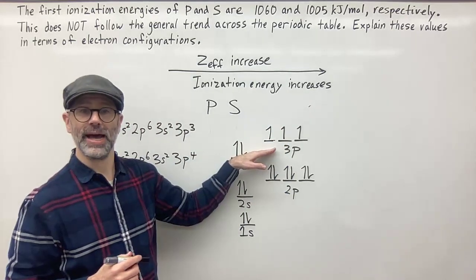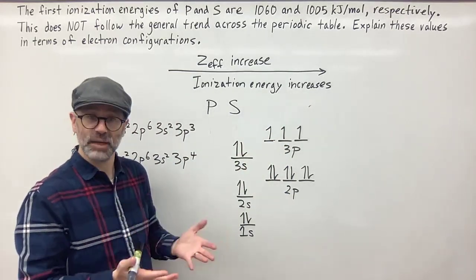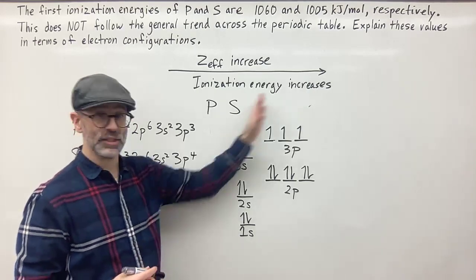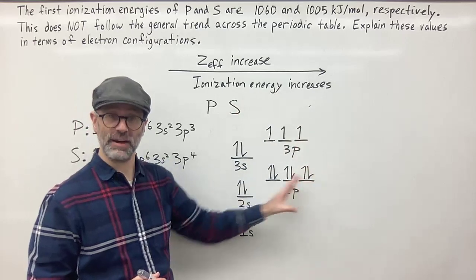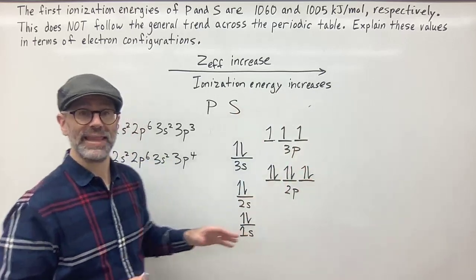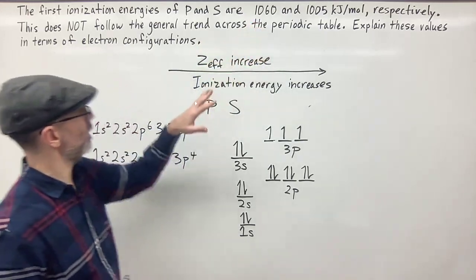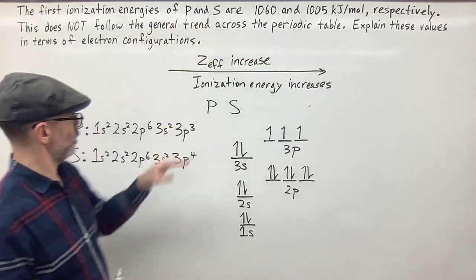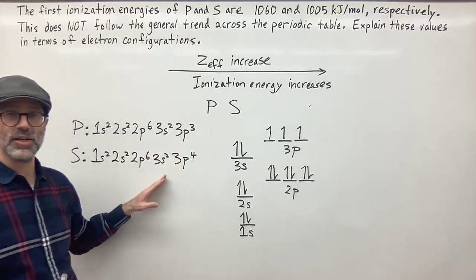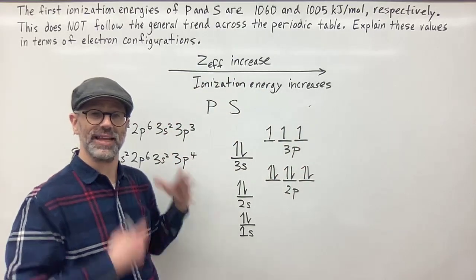I end up with a half full sublevel, which is an especially stable situation. So this is favorable. Removing the electron is going to make a more favorable situation. And that's why it's easier to remove the electron from the sulfur, right?